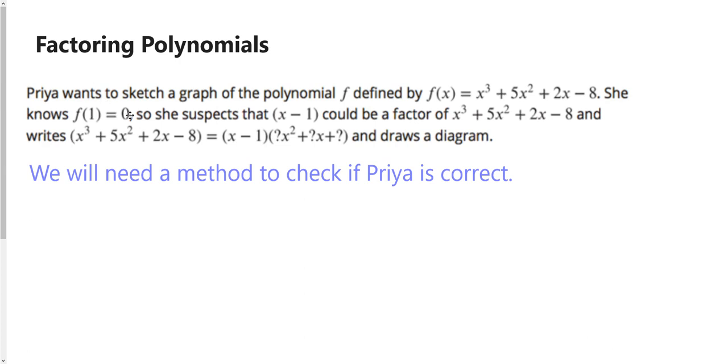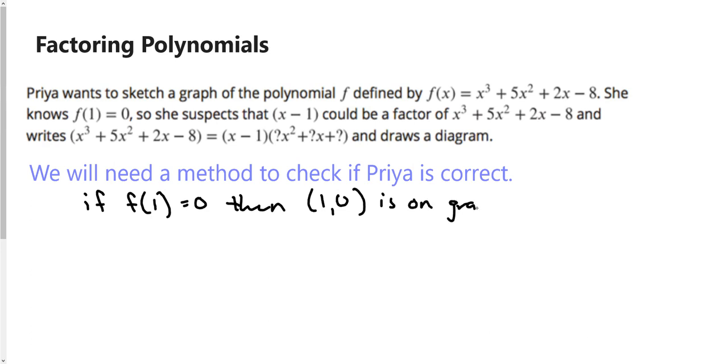So she suspects that x minus 1 could be a factor. How is that possible? Well, because if f of 1 is 0, then (1, 0) is on the graph. Well, guess what? (1, 0) is an x-intercept.